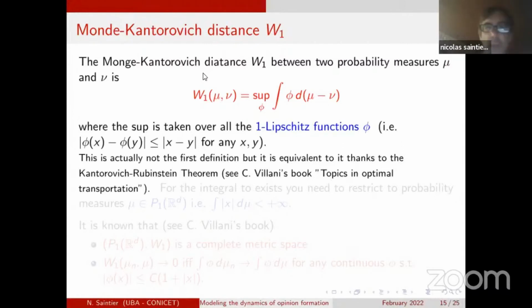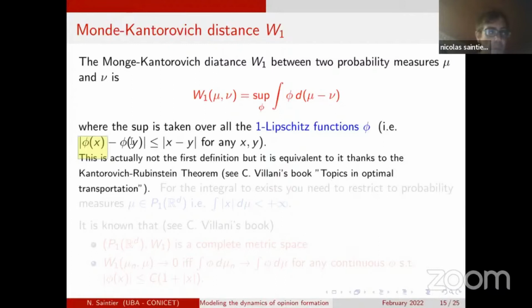So this distance W1 may be defined. W1 has two different definitions which are equivalent, and I will use this one, which by my practice is the most convenient, the easier formulation to work with. We just take the supremum of the integral of phi against mu minus nu, where phi can be any Lipschitz function with Lipschitz constant less or equal than 1.